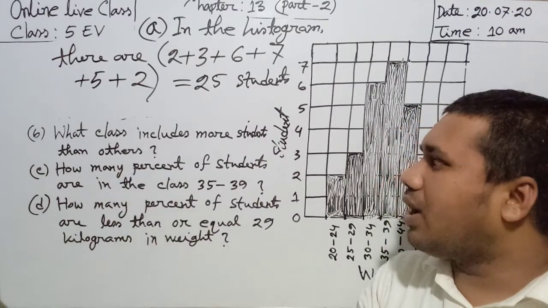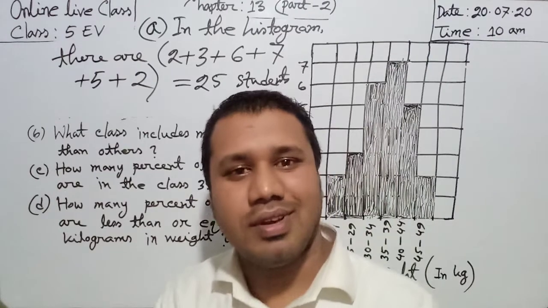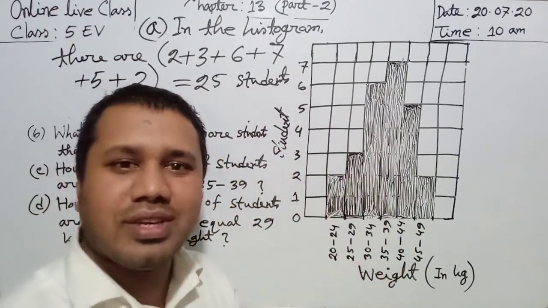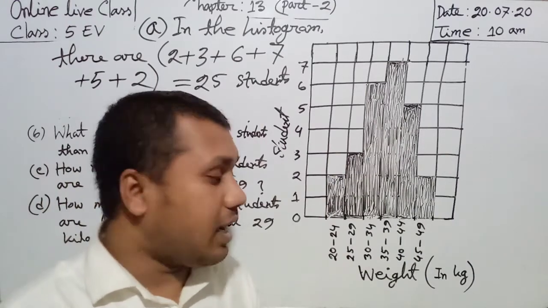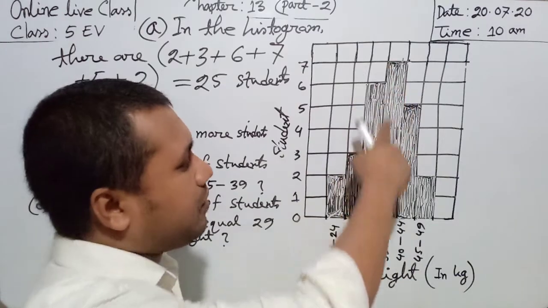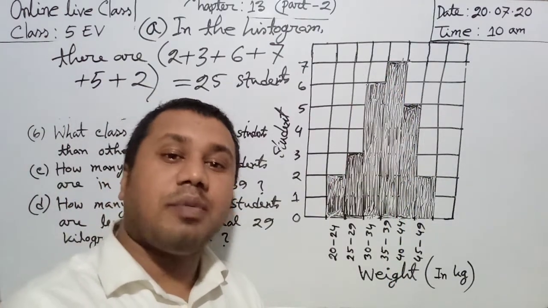Now B: What class includes more students than others? Dear students, look, just consider in which class interval there are more students. Yes, very good, and this is 35 to 39. This carries 7 students.